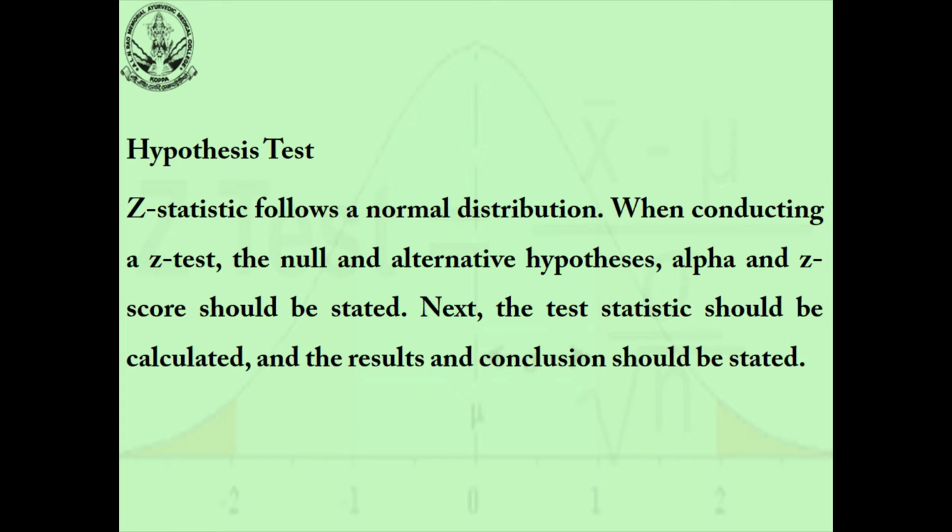When conducting a G test, the null and alternative hypotheses, alpha and G scores should be stated. It means we must state the null hypothesis, the alternative hypothesis, the confidence level, and the G score.